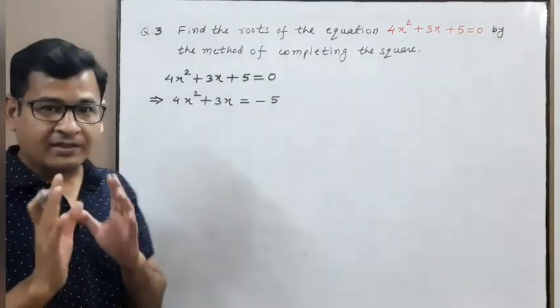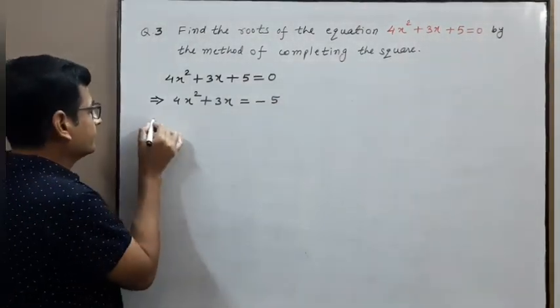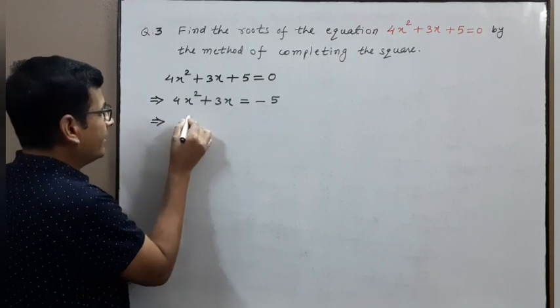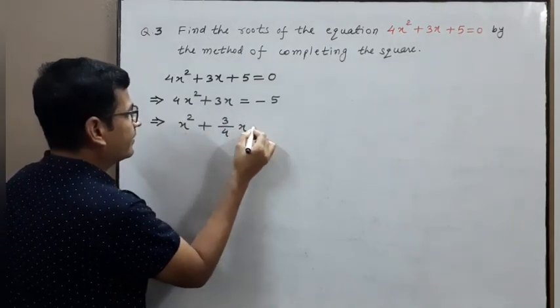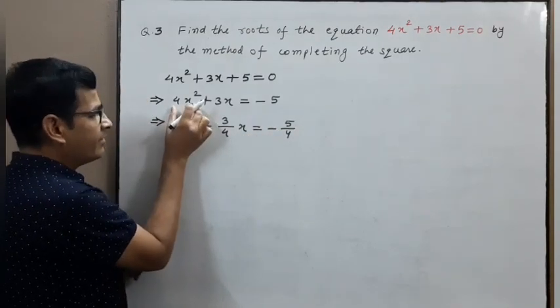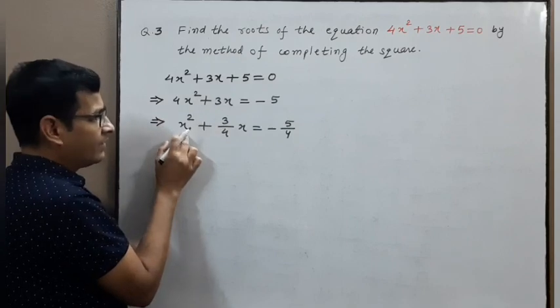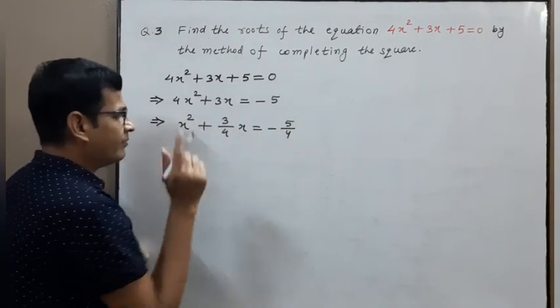Again for easier calculation, dividing both sides by 4. So x square plus 3 upon 4 x equal to minus 5 upon 4. Divide the first term by 4, so we get x square. Divide the second term by 4, so 3 by 4, and minus 5 by 4.